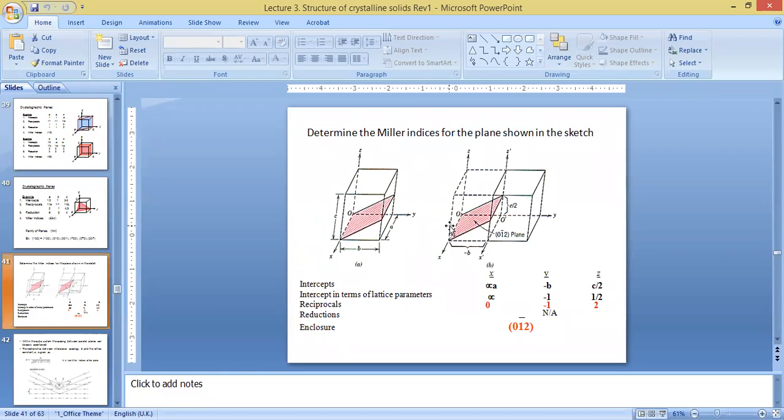Those are the ones that we're going to use to draw our plane. Okay, so infinity multiplied by a value gives you what? You have A distance multiplied by infinity, that's on the x-axis. So that's 0, isn't it? Then Y is -b.